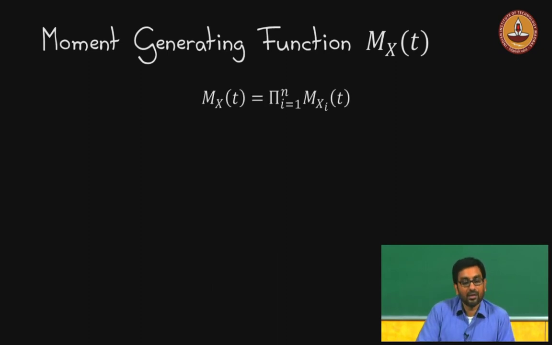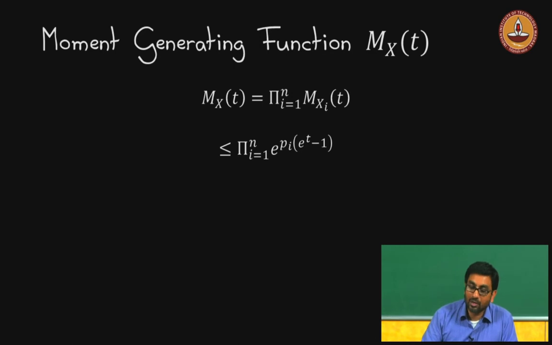The nice thing now is we immediately start applying the theorem based on independence. If you want the moment generating function for x, it is basically the product, because these individual xi's are independent. The moment generating function for x is the product of the moment generating functions for the individual xi's.